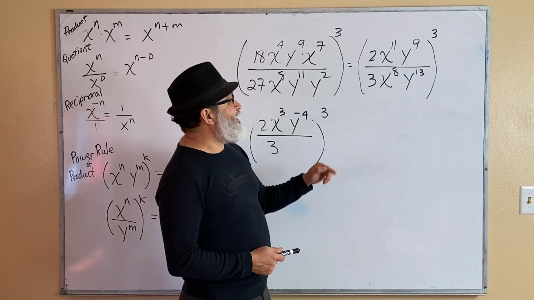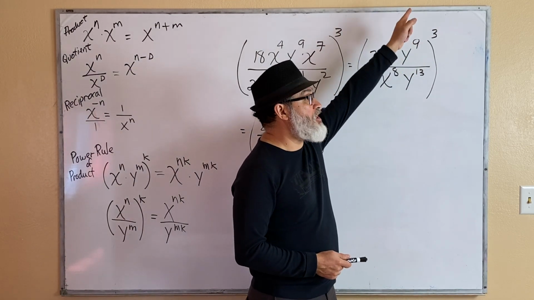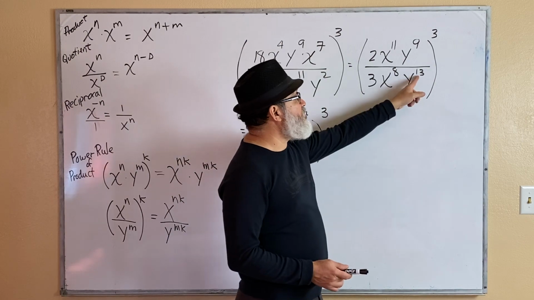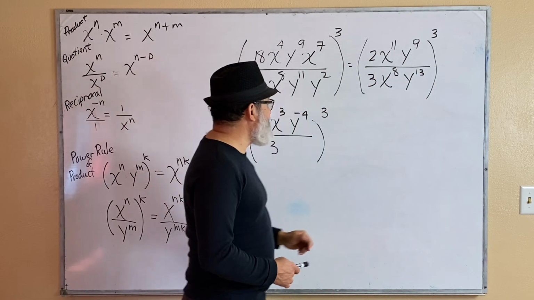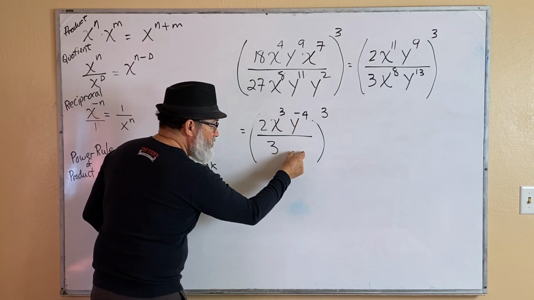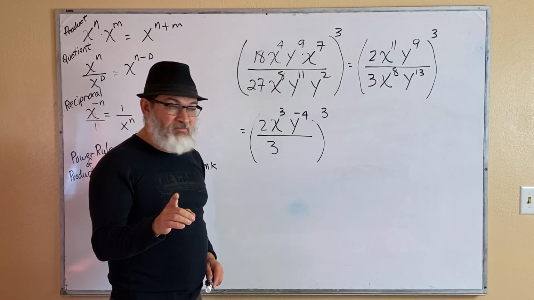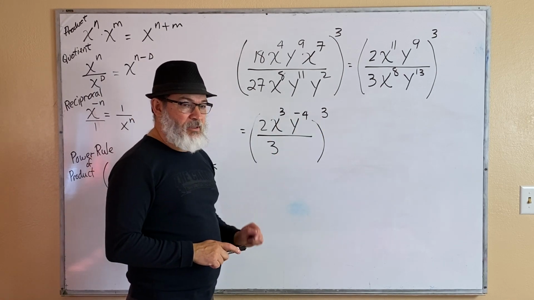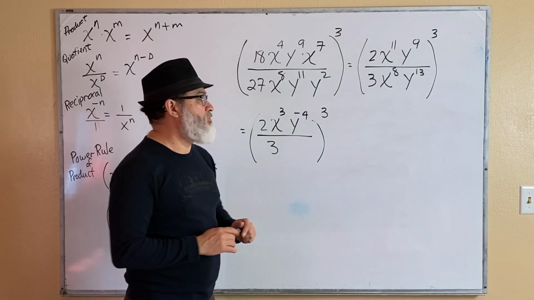I did 9 minus 13 up in the numerator. I could have done 13 minus 9 in the denominator, and I would have got this. Bring this down, okay? We're trying to simplify the house before raising the roof. You don't have to, but you can bring it down now.